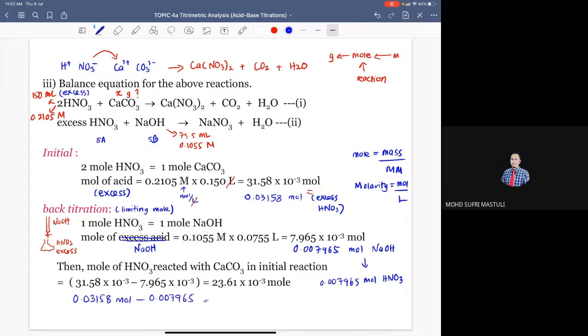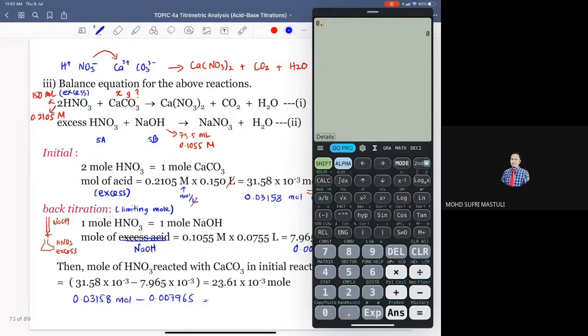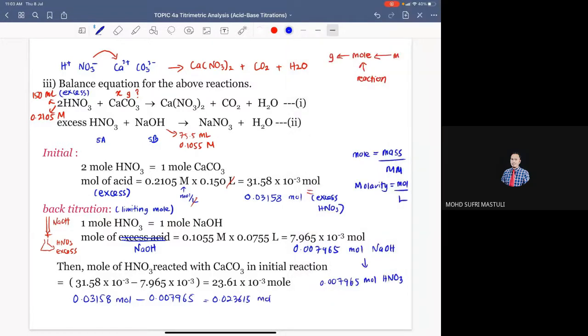So you can obtain 0.023615 mole of HNO3.